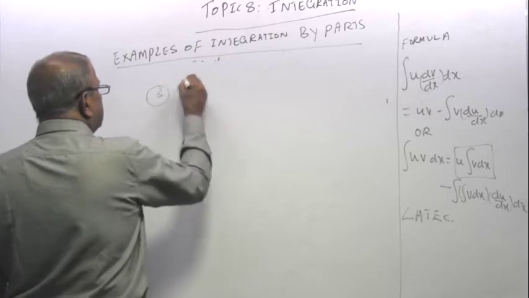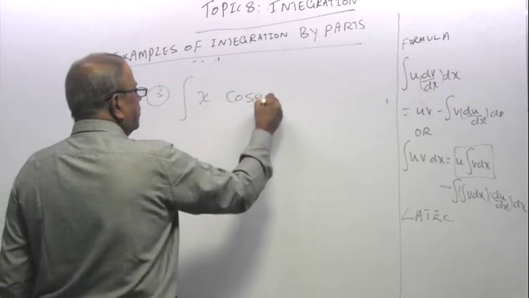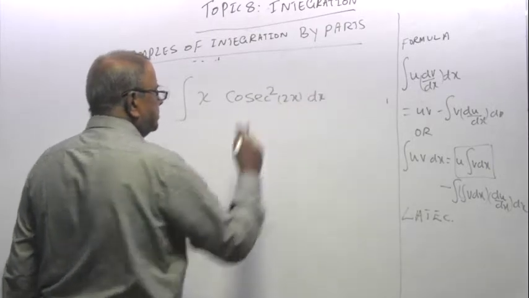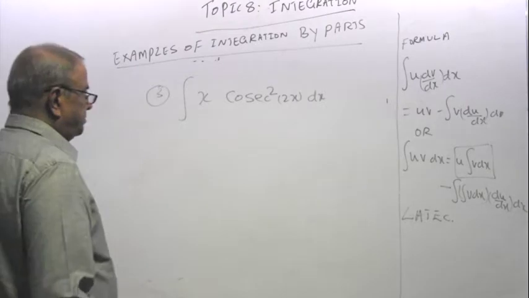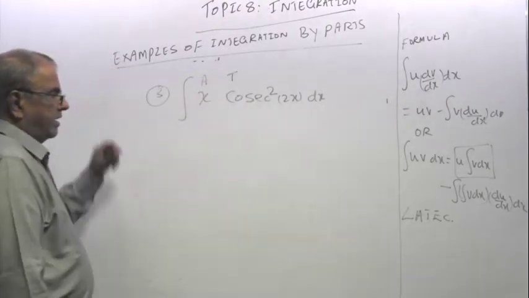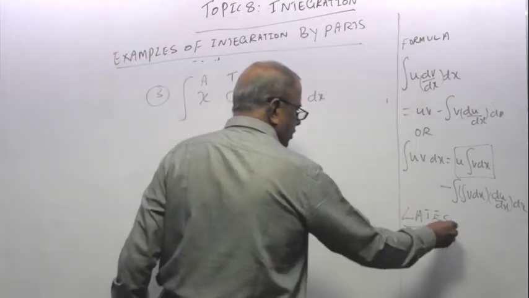The third example is integral x cosec squared 2x dx. That's an A, that's a T. Algebraic comes first, T comes next. You always go in that order.